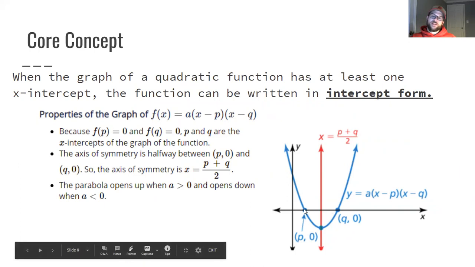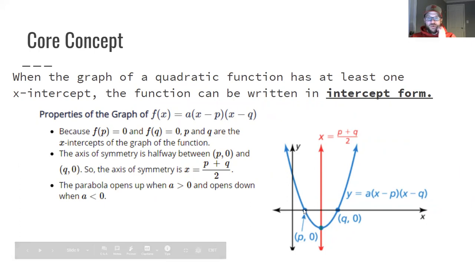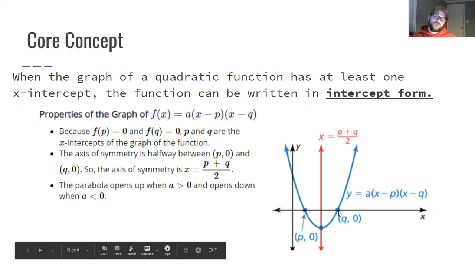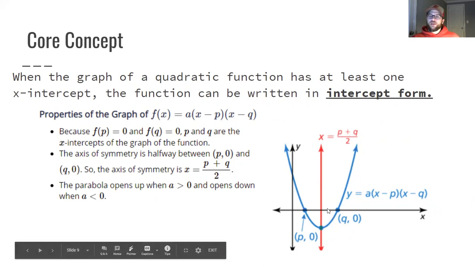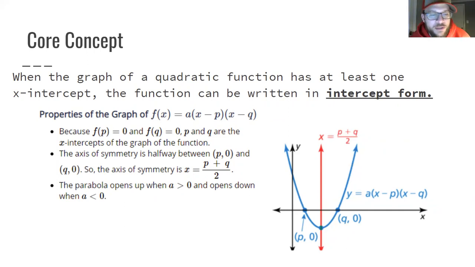So you could have one that's to the left of your axis of symmetry for your p. You could have one to the right of your axis of symmetry, which could be q. In intercept form, your axis of symmetry is just taking p plus q and cutting them in half, which is another way to say you find the average of the intercepts, because the axis is the halfway point between those two. Your a value still does the exact same characteristics.